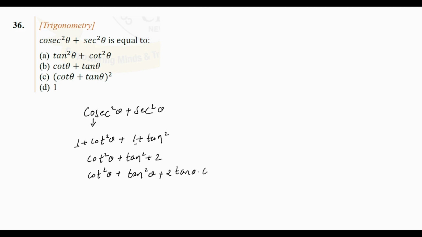I can again write this as cot square theta plus tan square theta plus 2 into tan theta cot theta. Why can I write tan theta cot theta, it is not there, sir? Why have you written that? You need to understand tan theta into cot theta can also be written as tan theta into 1 by tan theta. They both get cancelled, we get 1. So the answer of this is 1. Clear?